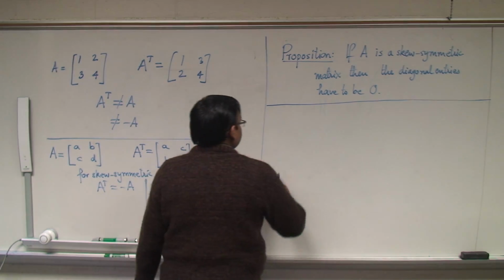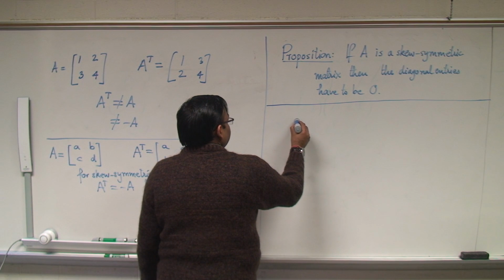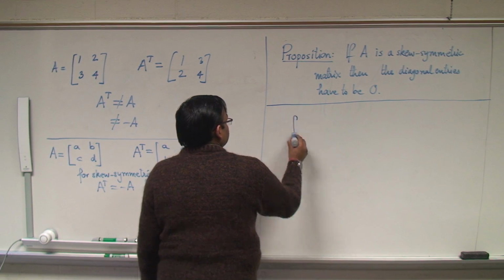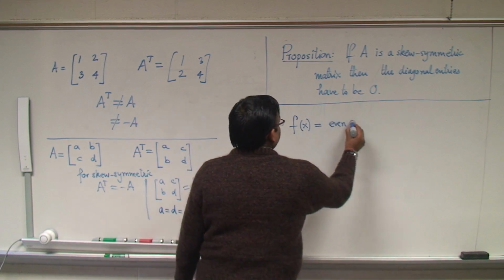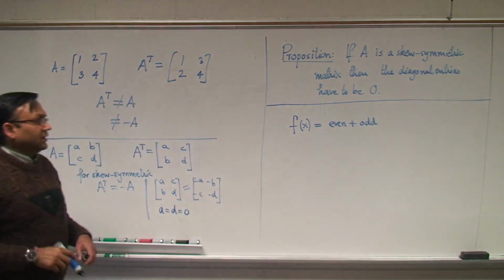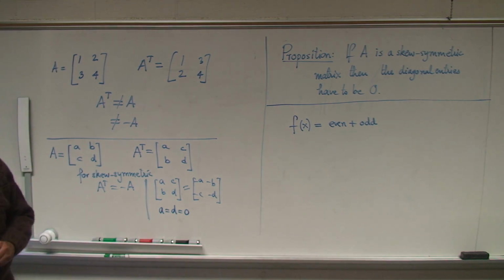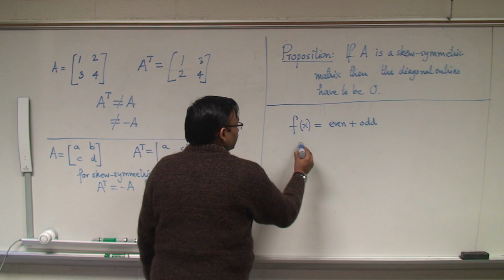Here's a question for us. If you recall, given any function f of x defined over the whole real line, you can always write it as a sum of an even function plus an odd function. This is something that sometimes you see in calculus. We ask the same question over here.